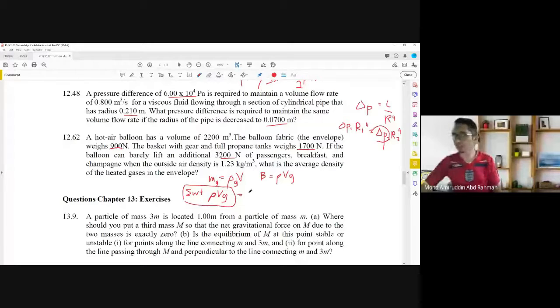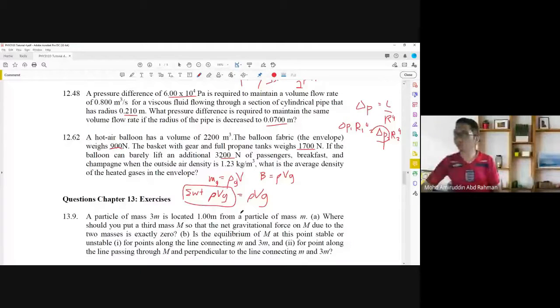And this is the weight of the air, rho air Vg. So you need to know the average density of the heated gas, the rho g for that one.